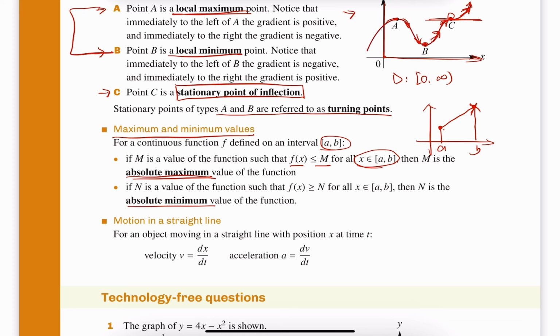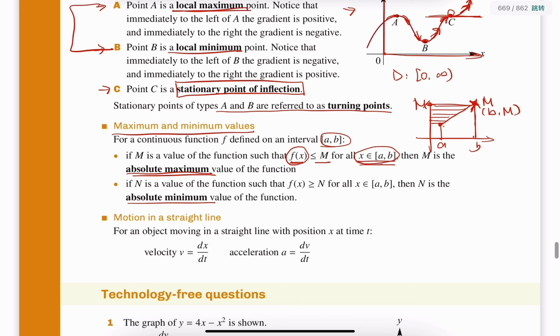So all of the x, which are from a to b, is smaller or equal to the point m. So we have m coordinate as (b, m). So every single value from a to b is lower than the m over here. So that's what we call this point, the absolute maximum of the function.